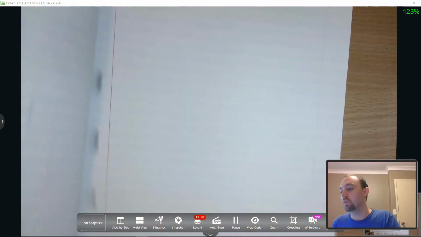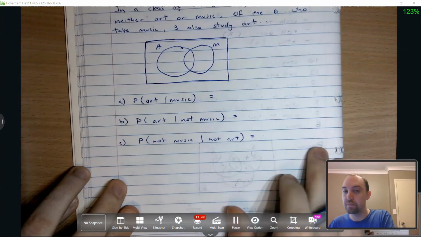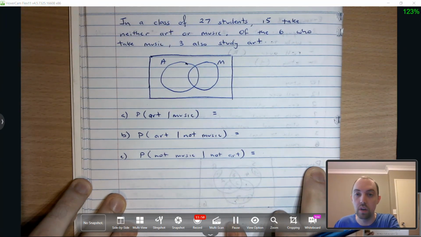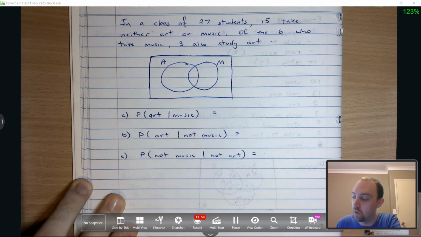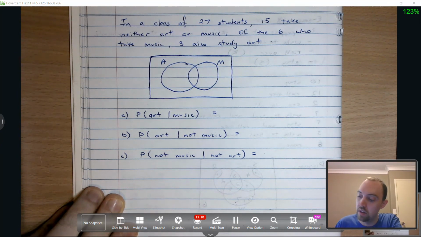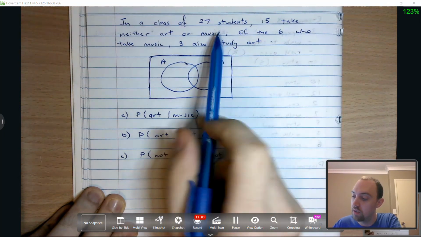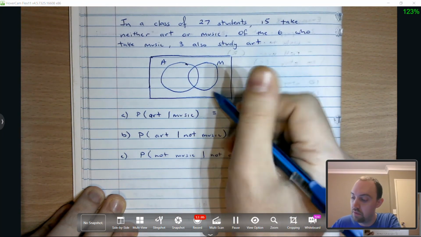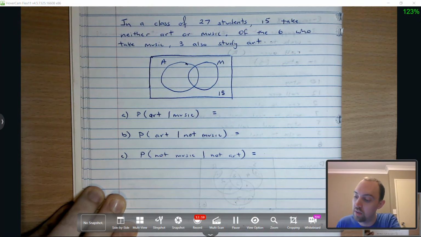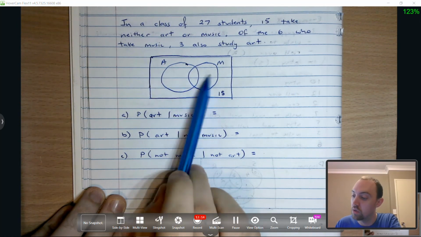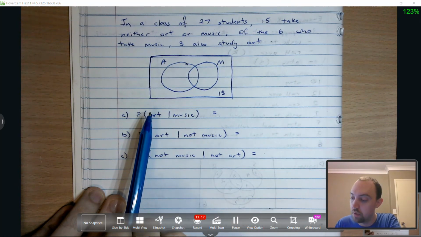So we've got our final example here. In a class of 27 students, 15 take neither art nor music. Of the 6 who take music, 3 also study art. Okay, so we've got 27 students in total. 15 do not take art or music. So what's inside the circle should add up to 12.